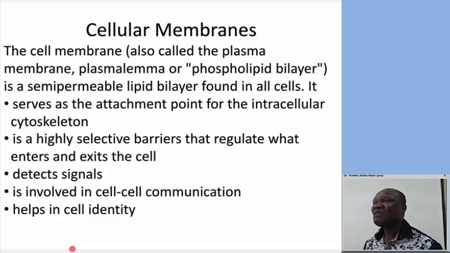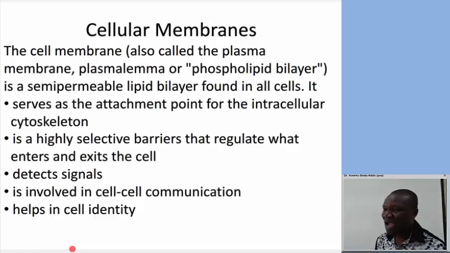Now, the cell membrane has some functions. It serves as an attachment point for the intracellular cytoskeleton. In the cell, there are cytoskeletons. These are tubules, and these tubules attach to the cell membrane to ensure stability of the cell. The cell membranes are also involved in signal transduction.